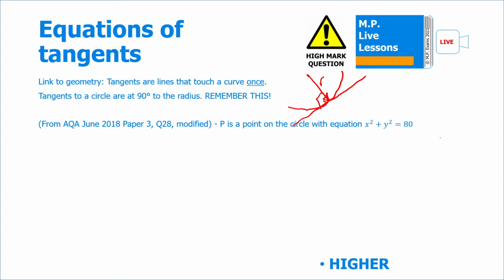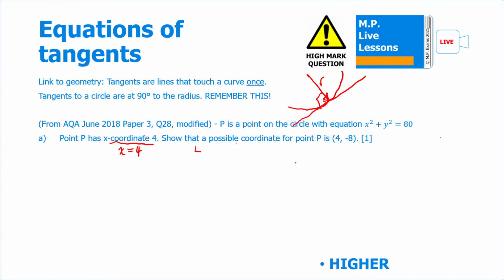So this is from the AQA paper 3, question 28, which is modified slightly. So P is a point on a circle with the equation x squared plus y squared equals 80. Now, point P has x coordinate 4, and show that the possible points for P are 4, 8 and 4, negative 8. So if I've got an x coordinate of 4, I'll substitute x equals 4.